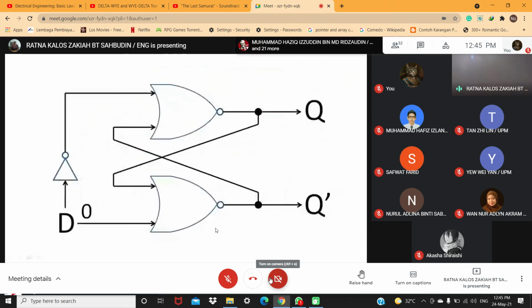Now, the SR latch is useful, but we can make its operation simpler by forcing the 2 inputs to be complements of each other. Now, when we make our new data input 0, the input's complement will be 1. This will reset the state of the latch to 0. Q prime will also become 1.